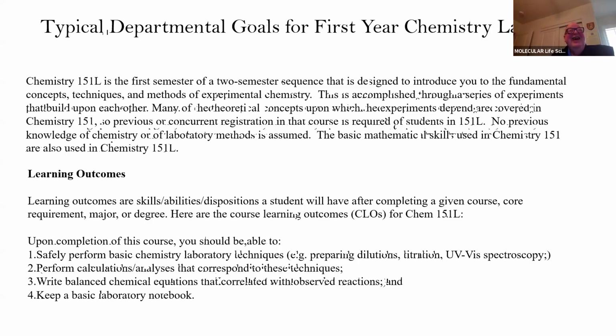And I teach it the regular way that everybody else teaches it in the first semester. But in the second semester, I've converted my section, and again, there are multiple sections, I converted my section to a CURE lab.